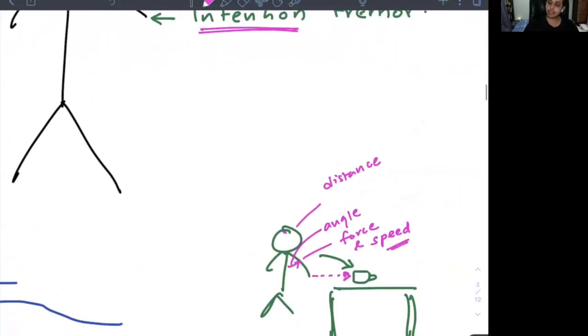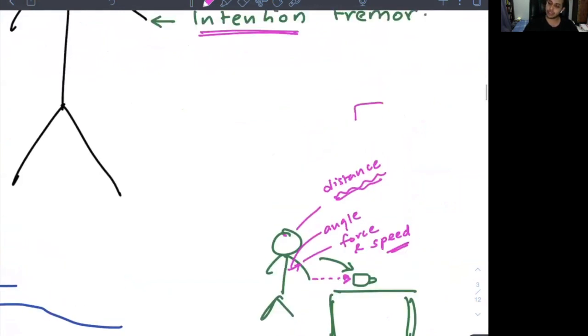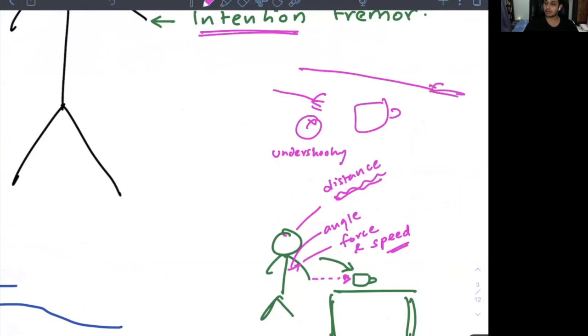Coming to the same example, suppose you are not able to calculate the distance properly. What might happen is that if this is the cup, your hand might stop here, which is called undershooting, or your hand might overshoot. So it might cross the cup and go.